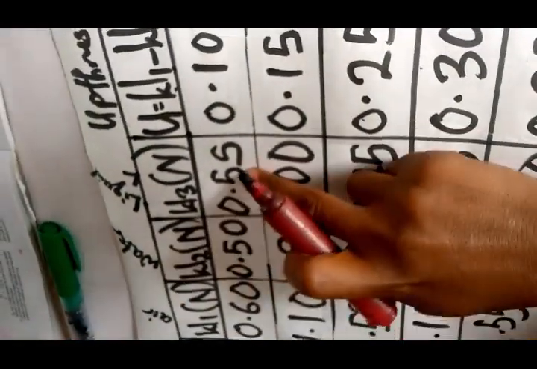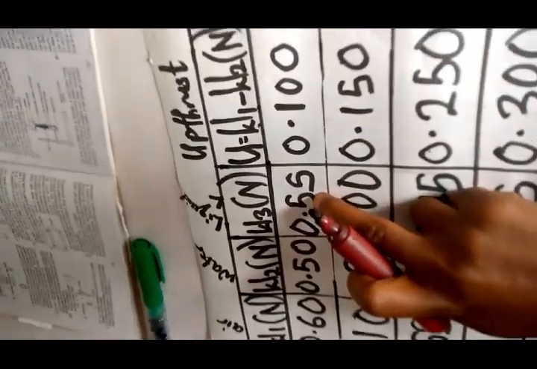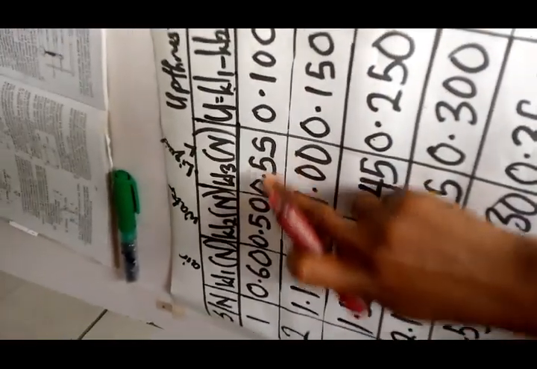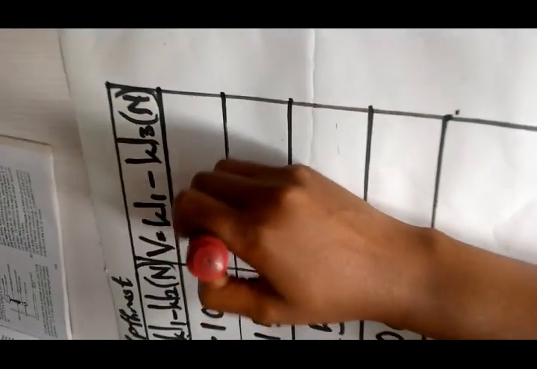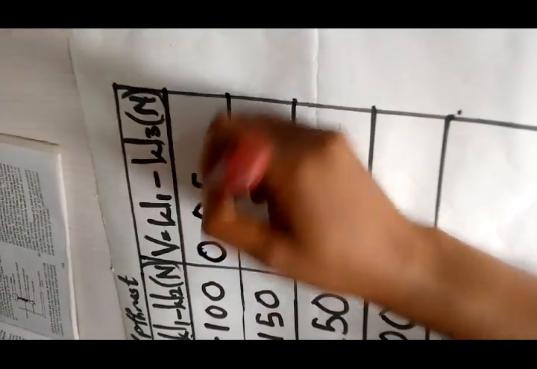V equals W1 minus W2. So that is the weight of the object in air minus the weight of the object in liquid L. That's the kerosene. So that's 0.6 minus 0.55, and that is 0.050, 3 decimal places.